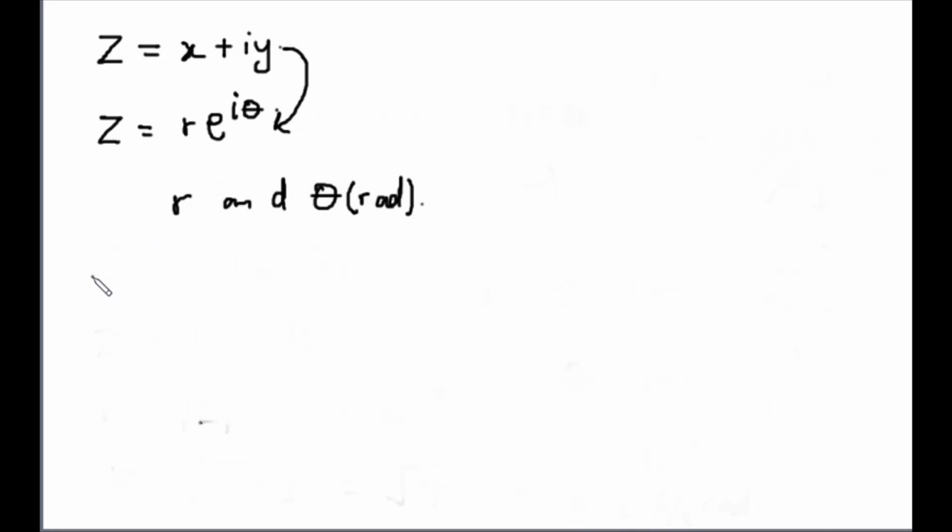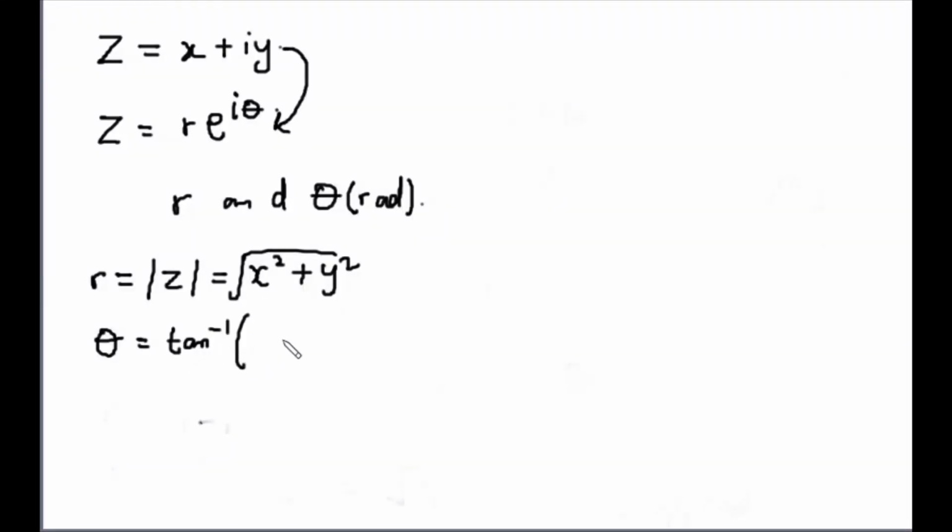So r is often given as the absolute value of z, which is equal to the square root of x squared plus y squared, and then theta is often given as tan inverse of the imaginary part of z over the real part of z. So this is equal to tan inverse of y over x.